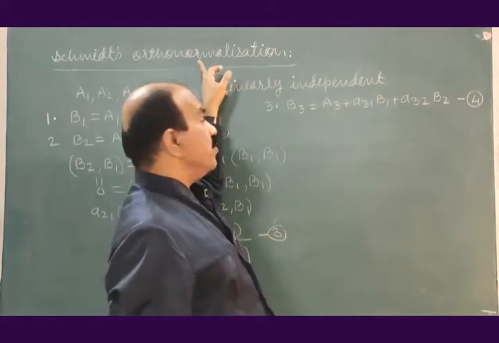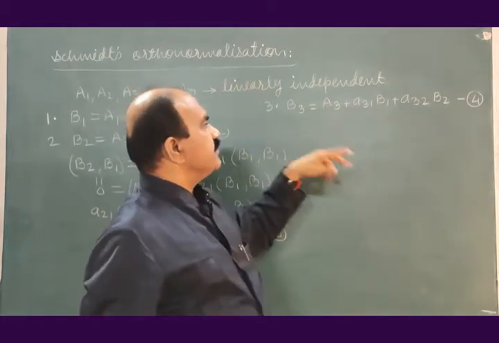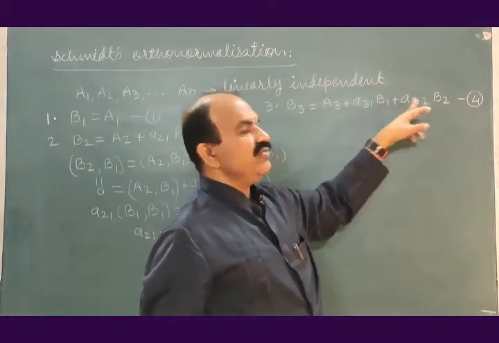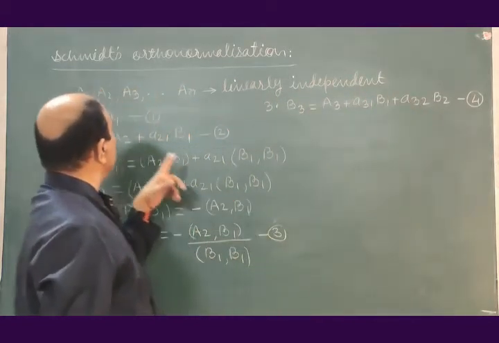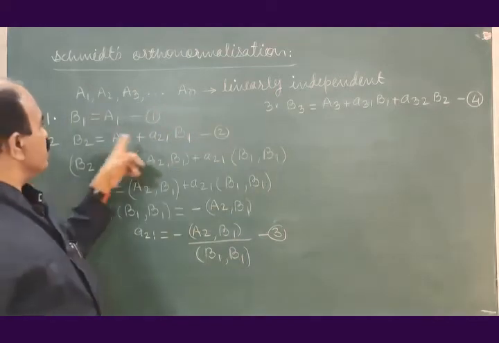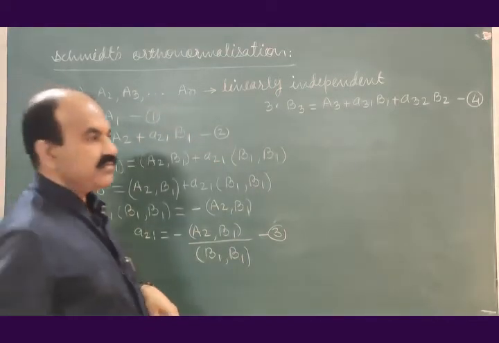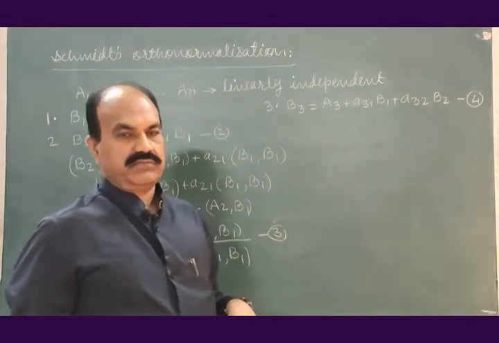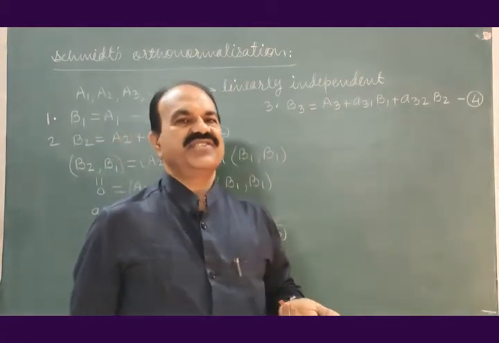a3 is known, b1 is known, b2 is also known. b1 is known from equation 1, b2 is known from equation 2. a31 and a32 are the scalar constants.